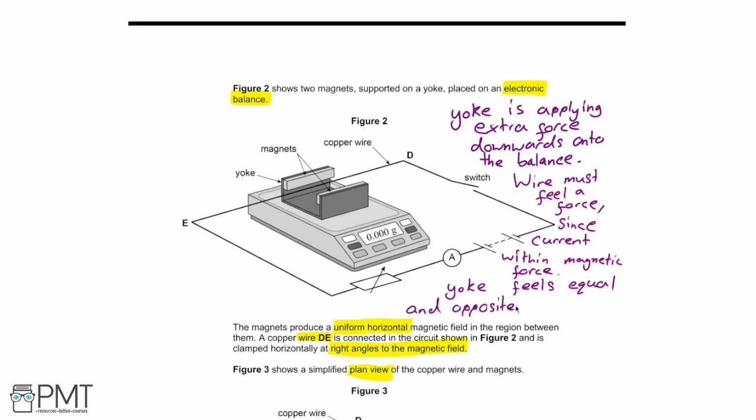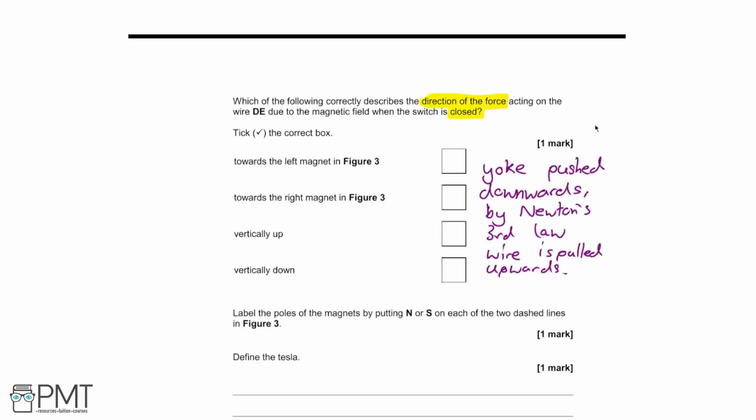This means that whatever force the yoke feels, the wire is feeling the opposite and equal force as well. So as a result, if the yoke is being pushed downwards due to interacting with the copper wire, then the copper wire must have a force on it that wants to pull it outwards to satisfy Newton's third law. Therefore, our answer is vertically up.